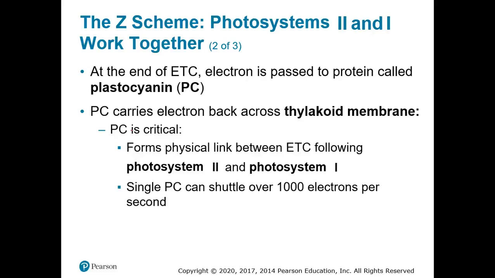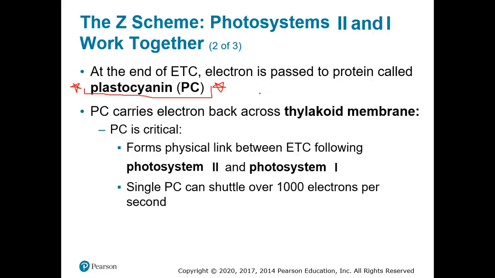One key player we're going to have to keep in mind, this guy right here, plastocyanin. Okay, this is our connection molecule. This is what is responsible for the Z-scheme. Because remember, at the end of that electron transport chain, if we're talking cellular respiration, we would just give that electron to oxygen, make some water, end of the day, we're done, right?